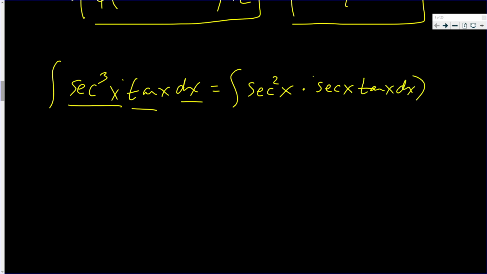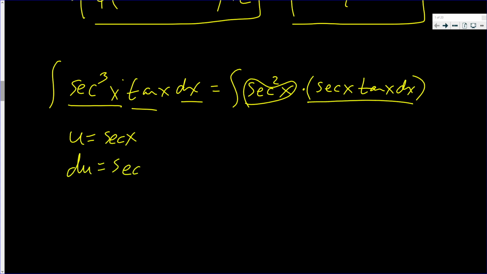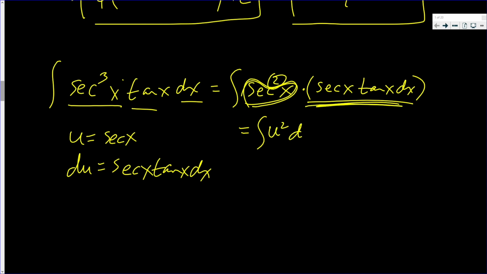And that's what we're going to hold on to, because if I let u equal secant x, then du is secant x tangent x dx. So I have u squared times this, which is du.